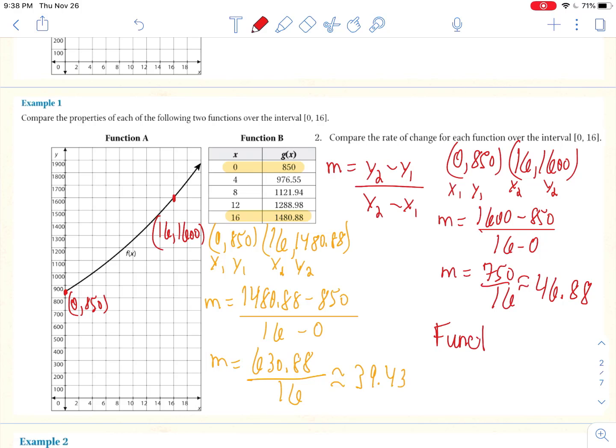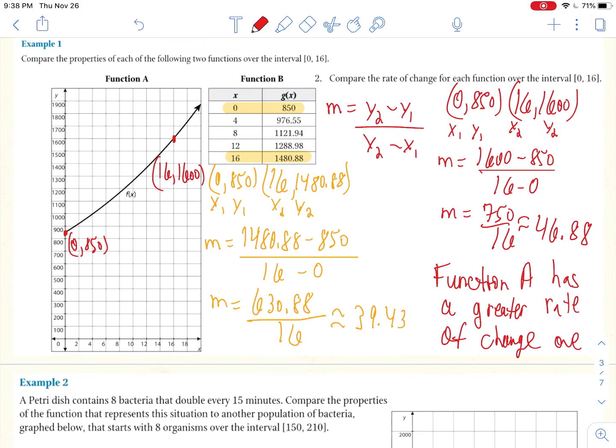So we can say function A has a greater rate of change over the interval from 0 to 16.